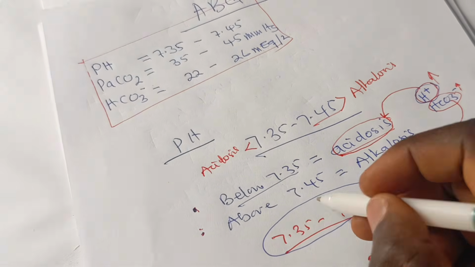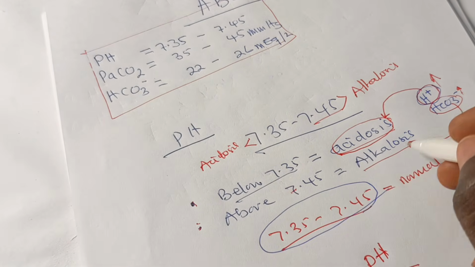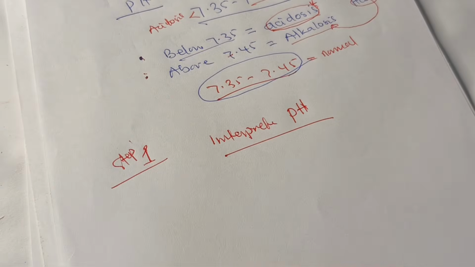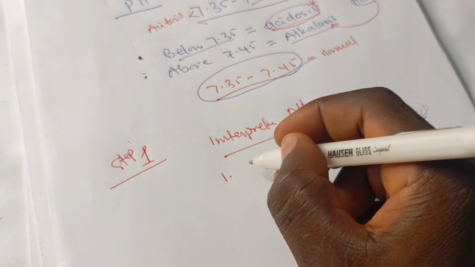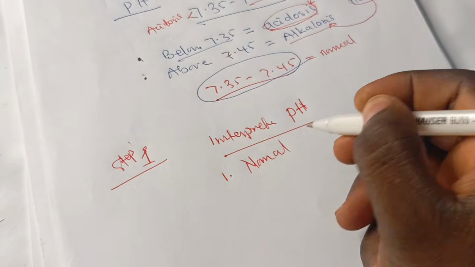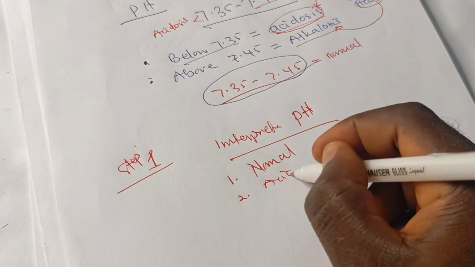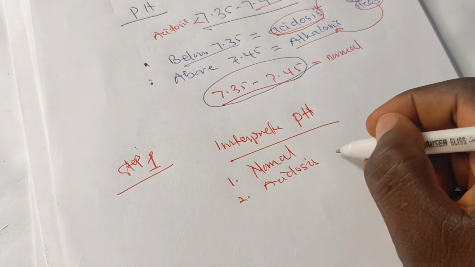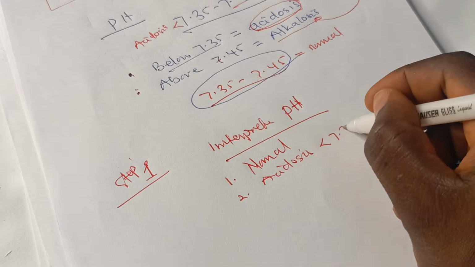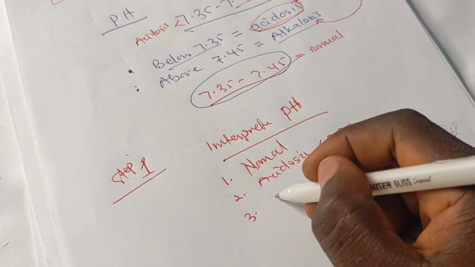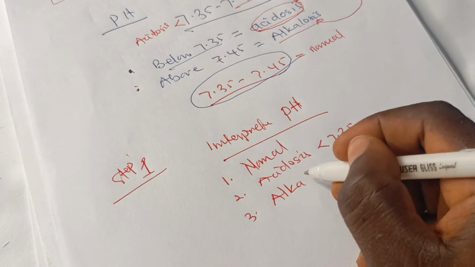Simple. If it is above this, you should interpret it as alkalosis. Okay. So what is your interpretation? It's either its normal value, or two, it signifies acidosis, in which case it is less than 7.35, or the next thing that you can interpret is alkalosis. It's as simple as that.